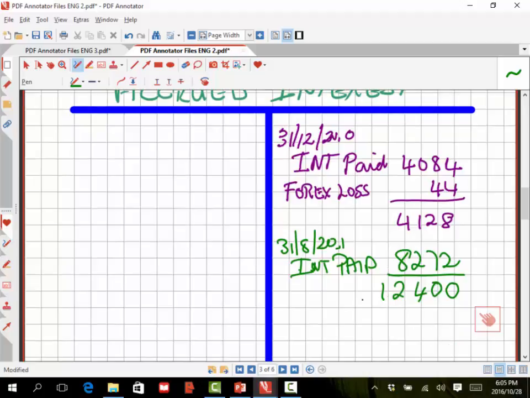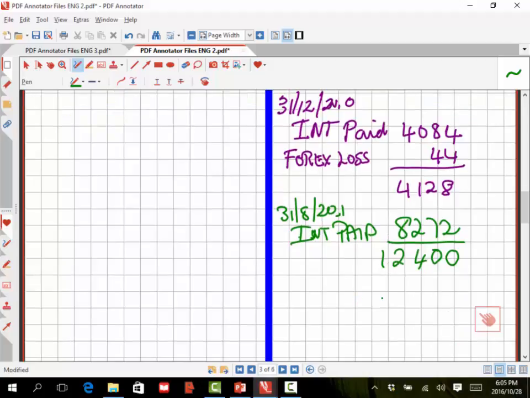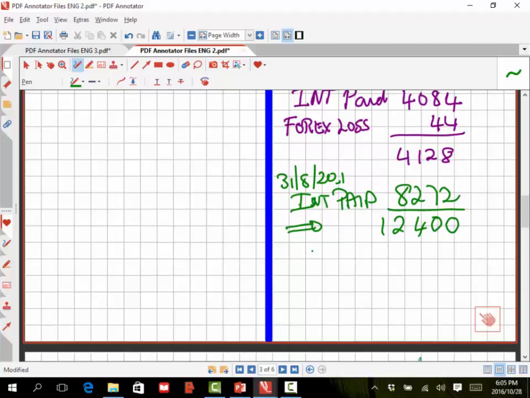But remember again, as we said previously, the amount that we have to pay, we first have to restate to the closing rate at 31 August, because this is a monetary item. So at what amount will it be restated?